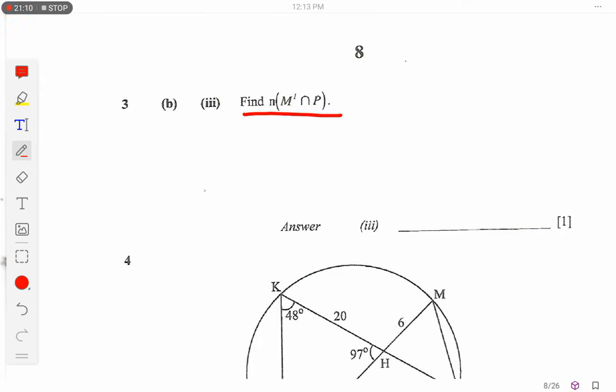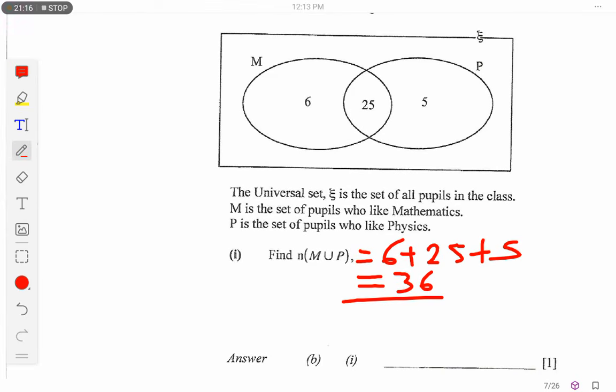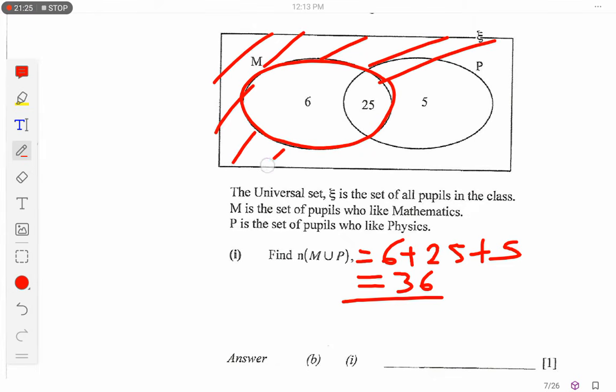Diagrammatically, we are saying students who do not do mathematics, so those who are outside here, like that, and intersection the P. This is what we are looking for, and we have got 5 for physics and also a 4.